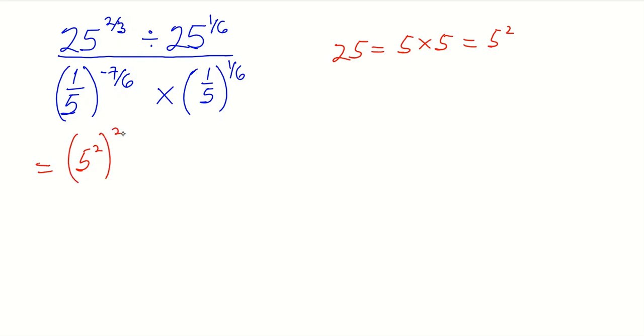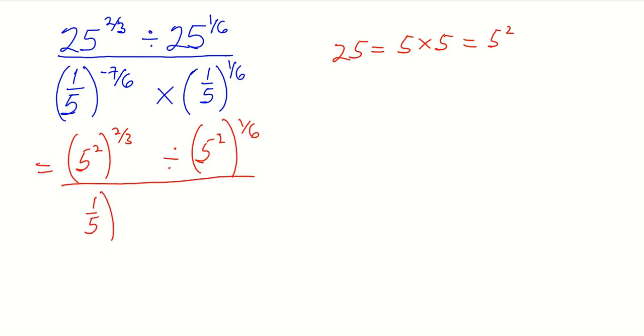So we have 2 out of 3, divided by 5 exponent 2 with the existing exponent 1 out of 6, all divided by 1 out of 5 exponent negative 7 out of 6 times 1 out of 5 with 1 out of 6 as the exponent.